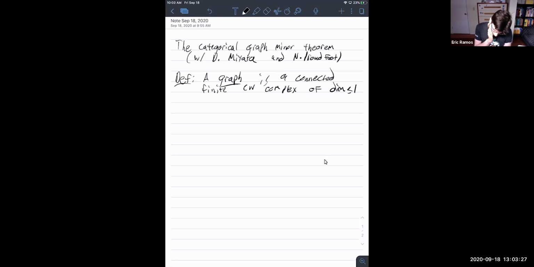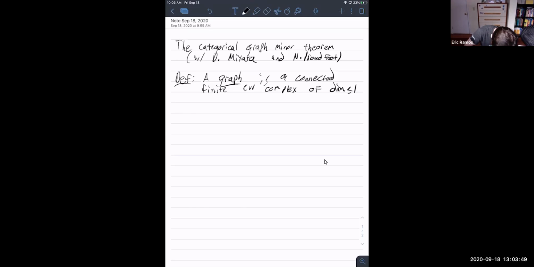Full disclosure: what I'm about to say probably doesn't work if you work with infinite graphs. This is a consequence of the fact that the graph minor theorem is probably false, or at least independent of foundations, if you work with infinite graphs. So graphs here are always going to be finite.